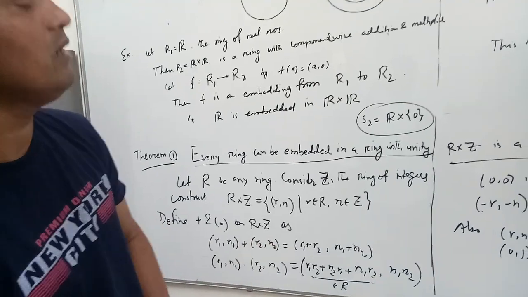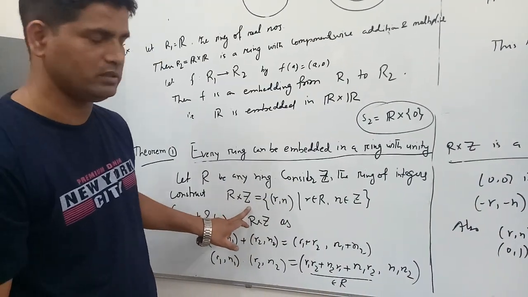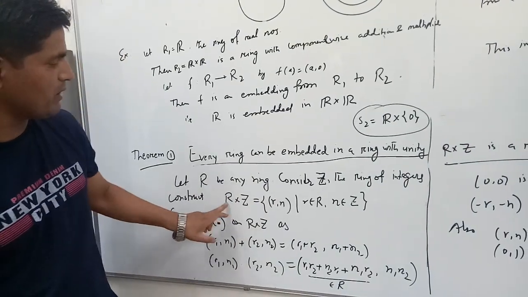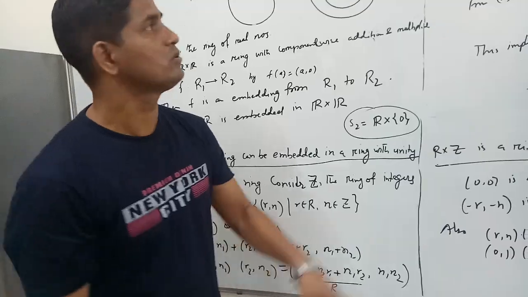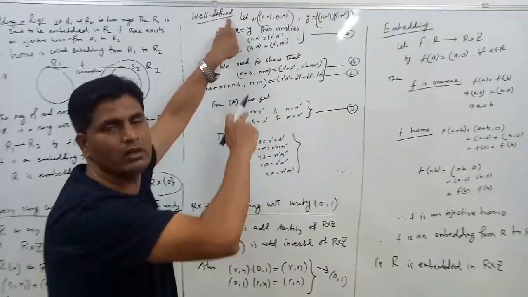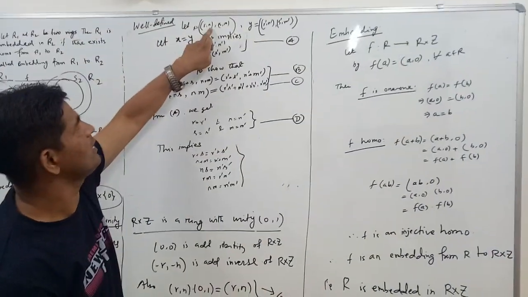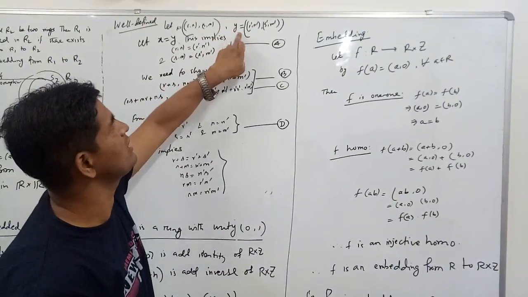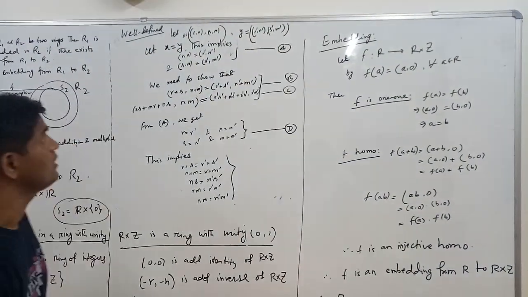Now we want to show that these two operations are well defined on R cross Z. That is, addition is a mapping from R cross Z cross R cross Z to R cross Z. So we take two members from R cross Z. One member is x = (r, n) and another member is y = (r', n').